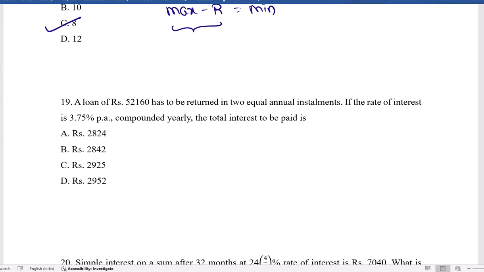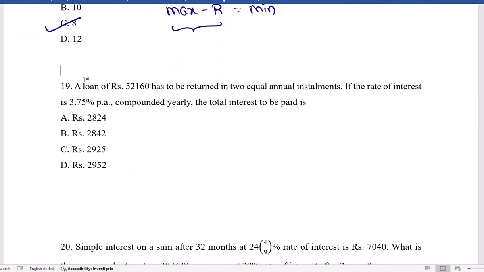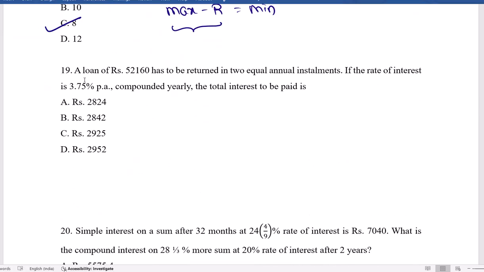Next, regarding compound interest, but this is a question related to installments. Okay, now from the installments point of view, 52,160 rupees you took as a loan with 3.75% interest for 2 years.